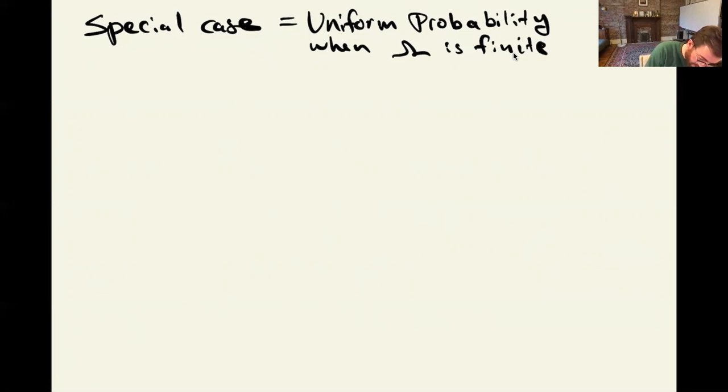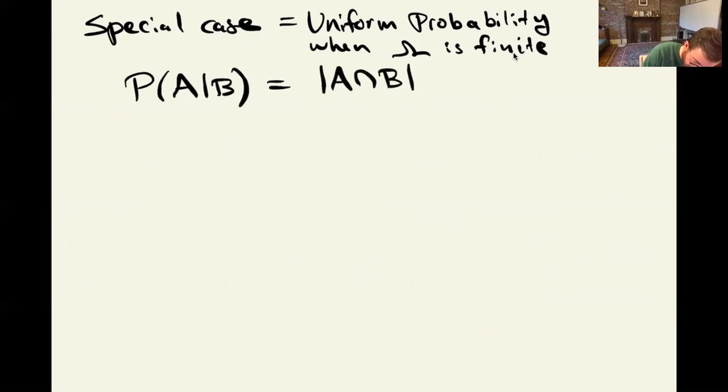Here we think of the probability of A given B as being the size of each of these events. So again, remembering that these vertical bars indicate the size notation. Let's do an example. Continue from above.